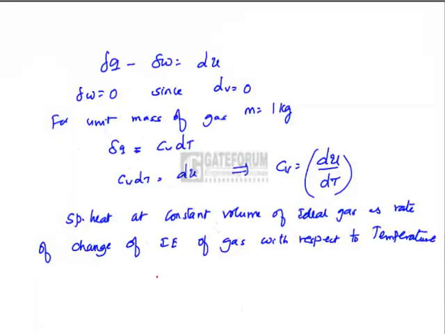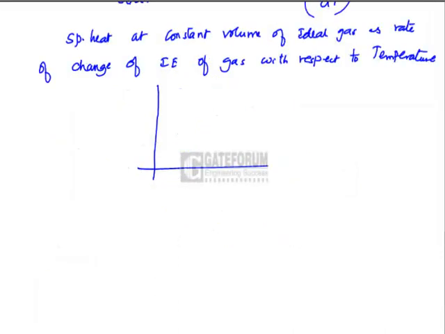The process could be indicated on a temperature entropy diagram as a curve with a slope of T by CV.